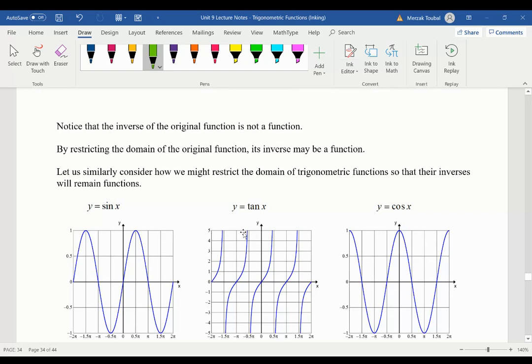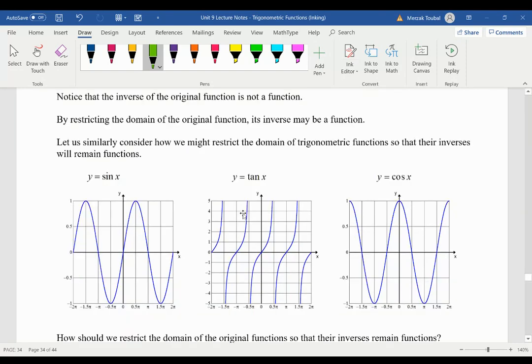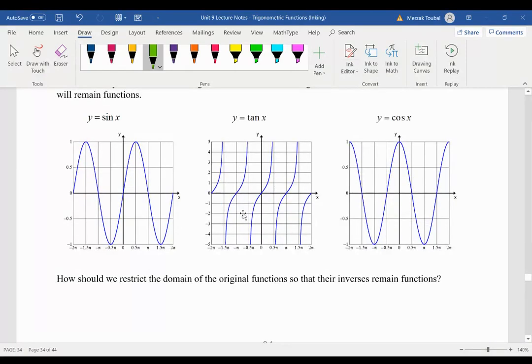Now, since this lesson is on the trigonometric functions, let's look at these three functions, which are the sine function, the tangent function and the cosine function. You notice these curves fail the horizontal line test. The sine function has multiple intersection points with a horizontal line.